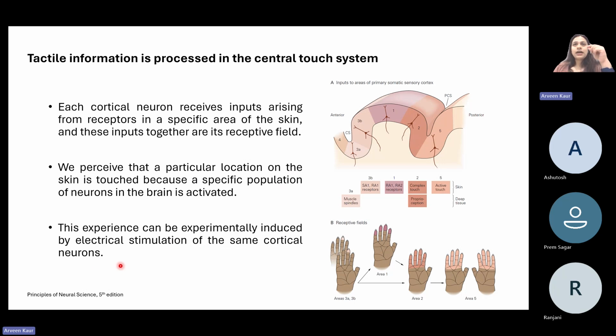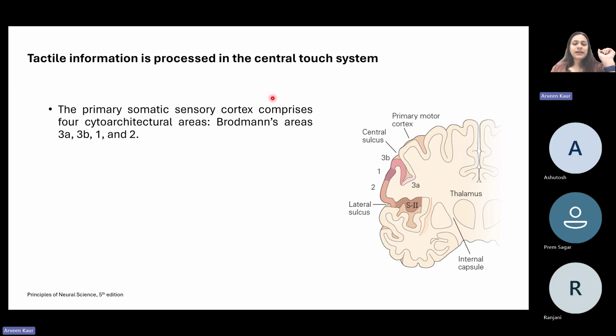So it is a two-way thing, right? If I'm touching over here, some particular neurons in my brain are getting activated. If those particular neurons are getting activated anyway, then I will feel a sensation over here, even if there is no touching involved, right? So the primary somatic sensory cortex comprises four cytoarchitectural areas.